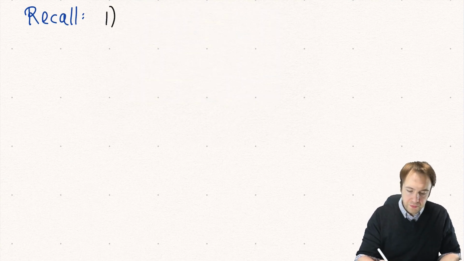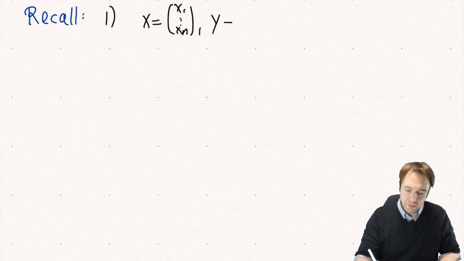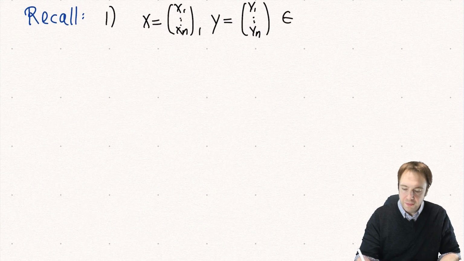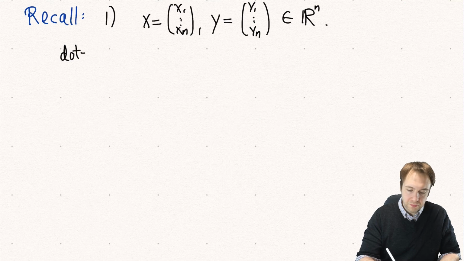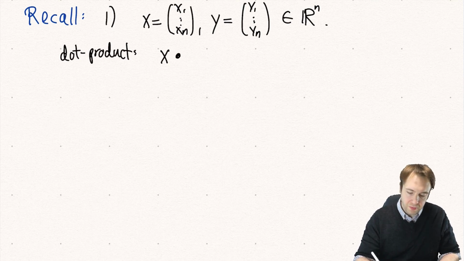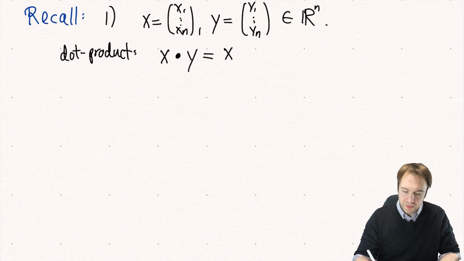So first, if I have two vectors, x, an element in Rn, and y, also an element in Rn, then the dot product we denote by x, and then this thick circle, y. This is just given by x1 times y1 plus x2 times y2 and so on, up to xn times yn.